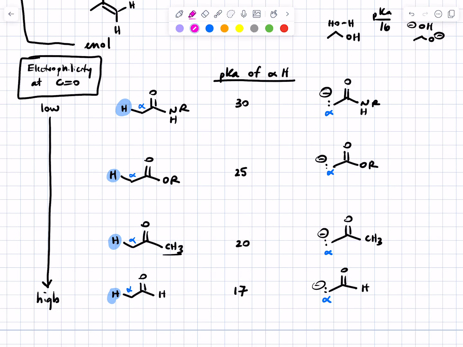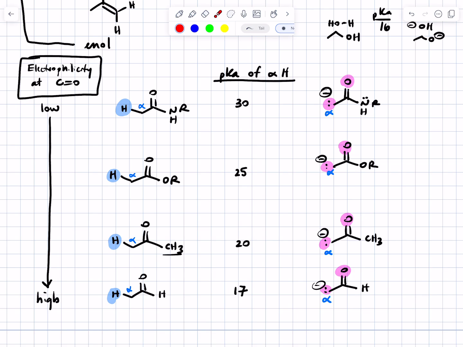That negative charge should be on both the alpha carbon and on the carbonyl oxygen, which I'm highlighting here in pink. To the extent that an adjacent group with lone pairs can also donate electron density into the carbonyl carbon, that's going to interfere with and sort of repel the resonance stabilization of the negatively charged alpha carbon.